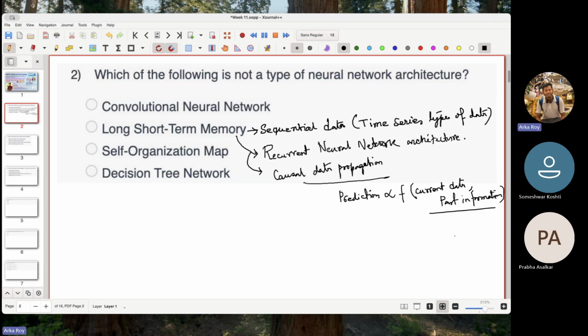The long short-term memory is based on this principle. Then the self-organizing map you have also seen as a neural network architecture. It is a densely connected neural network architecture. So these three varieties all belong to the neural network family. But the decision tree is not a neural network.